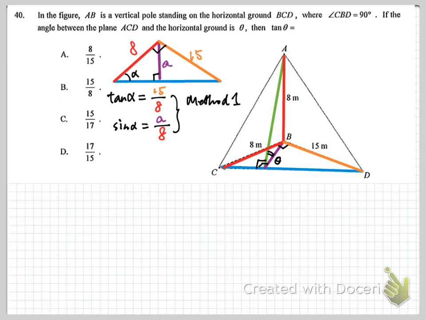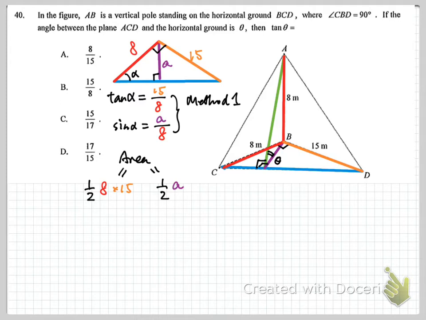The area of the triangle on one hand is half times 8 times 15, because of the right angle there. You just do base times height. On the other hand, the area can be half blue times purple, base times height. The purple is A. We don't know the blue one, but we can find it with Pythagoras Theorem.